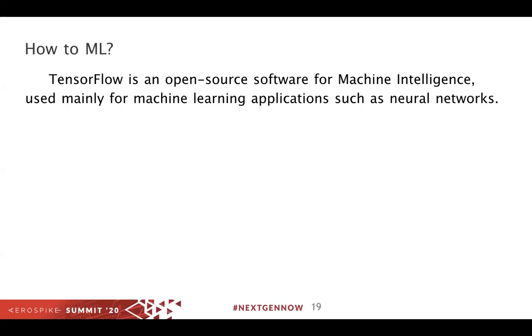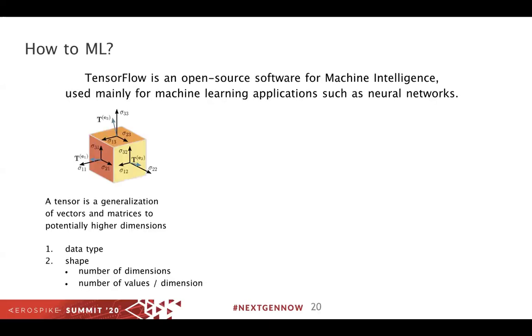One of the great tools for this is TensorFlow. It's an open source software used for machine intelligence and all kinds of learning applications like neural networks. And it has a tensor, which is the mathematical representation of your data. It's a generalization of vectors and matrices and can be of high dimensions.